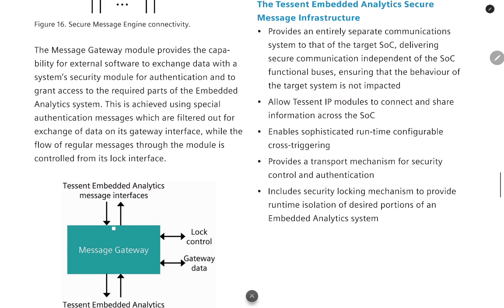It allows Tessent IP modules to connect and share information across the SoC, enables sophisticated runtime configurable cross-triggering, provides a transport mechanism for secure control and authentication, and includes security locking mechanisms to provide a runtime isolation of the desired portion of an embedded analytics system.